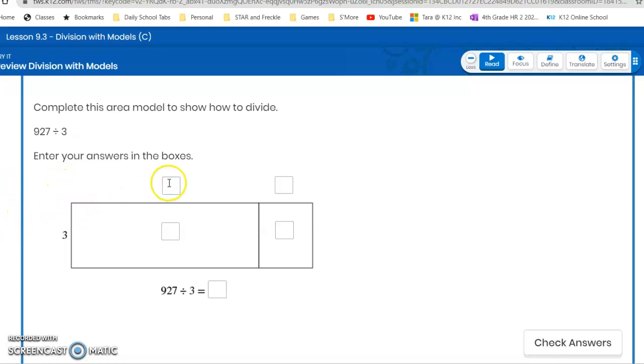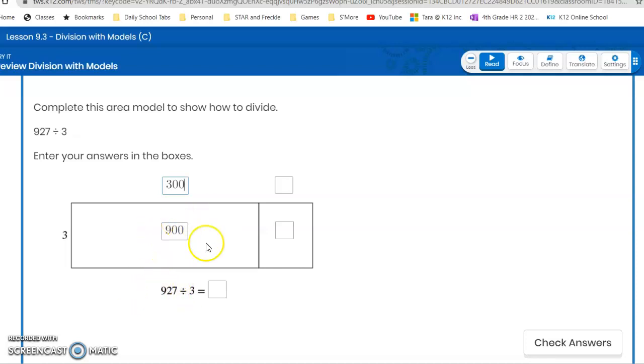3 times what would give us the number 900? 3 times, well, let's try 300. 3 times 300 is 900. Got it. Now what's left over? 927 is what we started with.